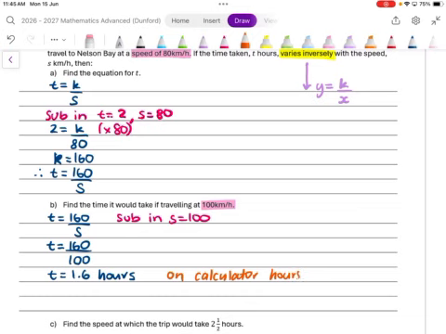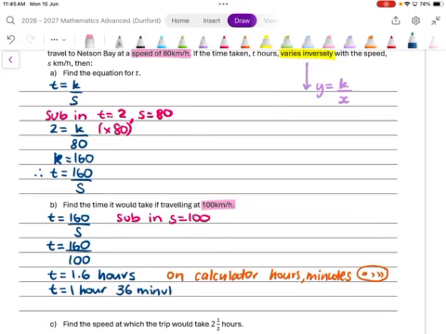On our calculator, we can convert to hours and minutes. How we do this is we use our degrees, minutes, seconds button. So when we press 1.6 and the degrees, minutes, seconds button, what we get is t equals 1 hour and 36 minutes.